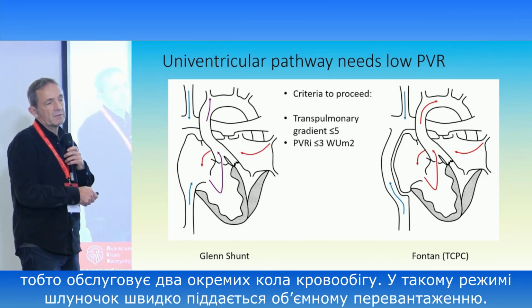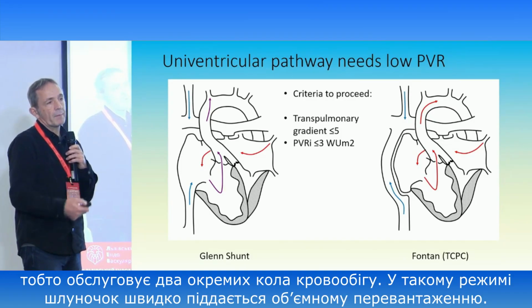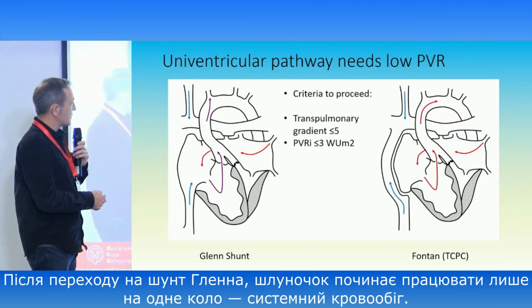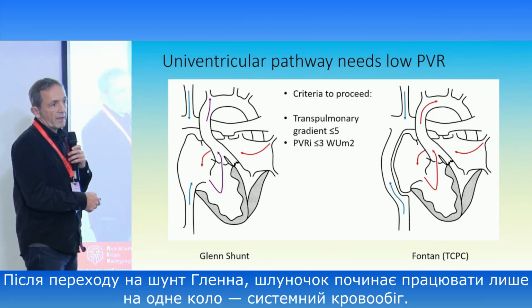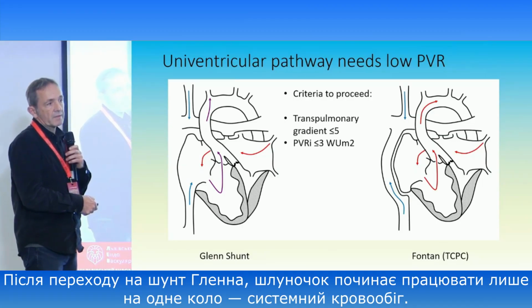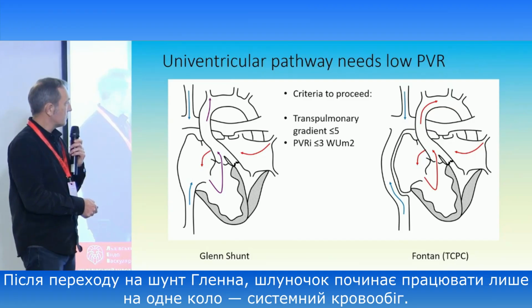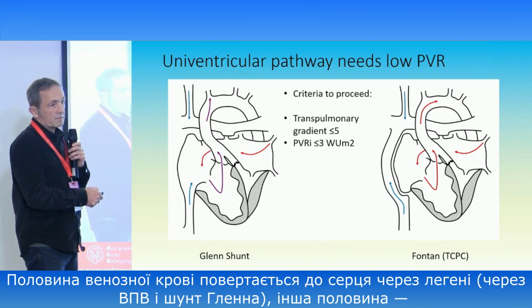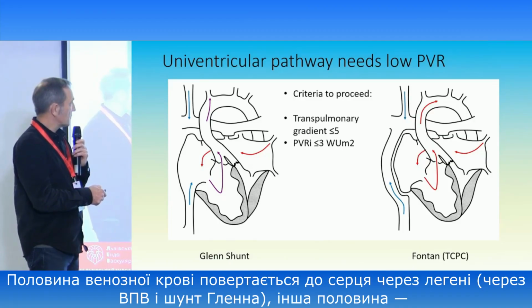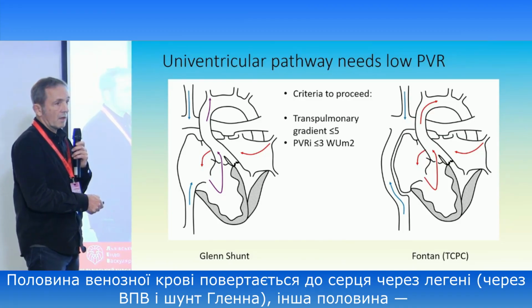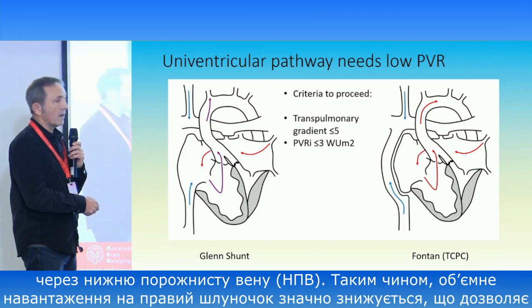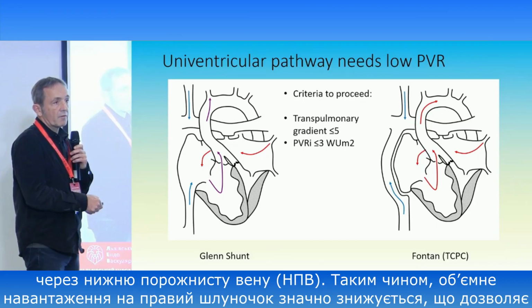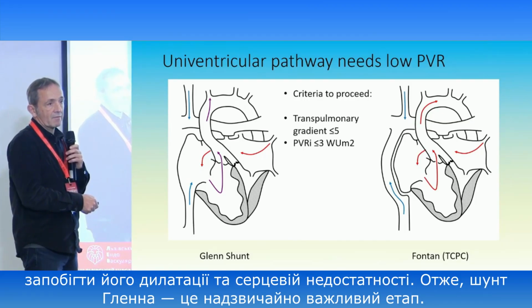It's pumping to two different circulations, and it rapidly becomes volume overloaded. When you convert the child to a Glenn shunt, the ventricle is only now pumping to one circulation. It pumps blood round to the systemic circulation, then half of the blood, or thereabouts, comes back through the lungs into the heart, and the other half comes back from the IVC into the heart. So you've taken the volume load off the right ventricle to stop it dilating and failing early.